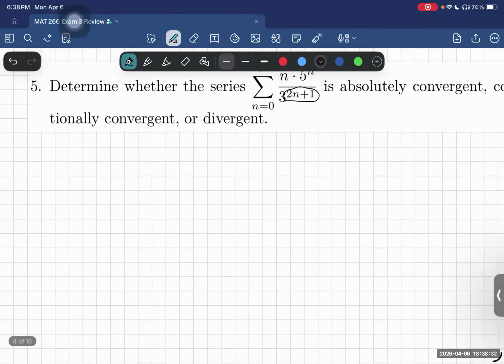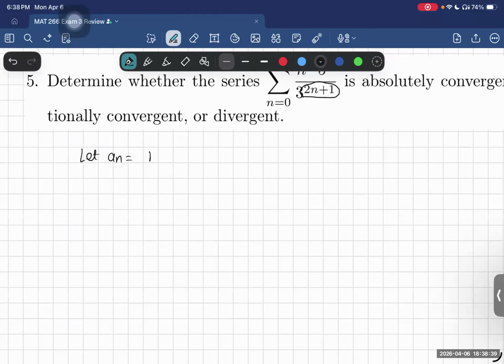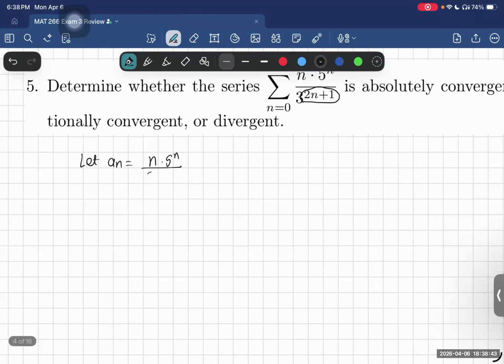So first of all, let the general term a_n be equal to n times 5 raised to n divided by 3 raised to 2n plus 1. All right.